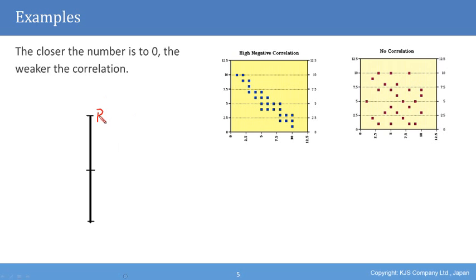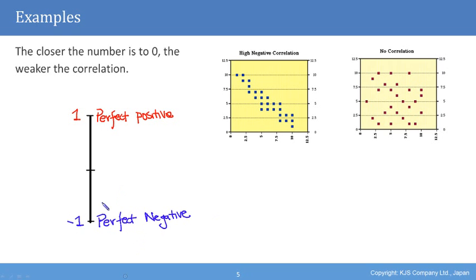So the top of the scale would be perfect positive correlation, and this would be given the number 1. On the other end of the scale, we'd have perfect negative correlation, and so this would be given a value of -1.